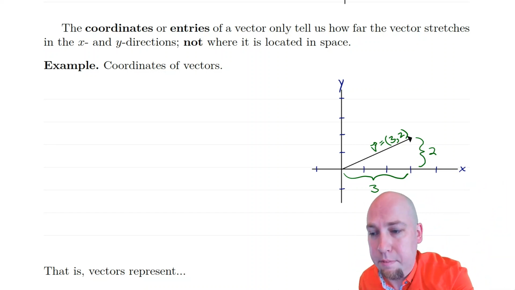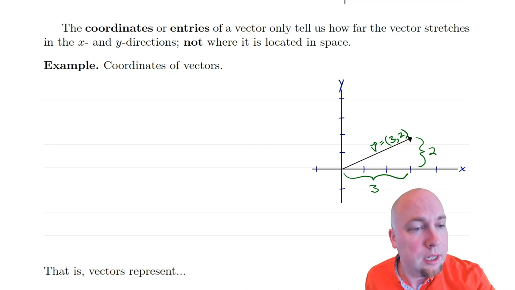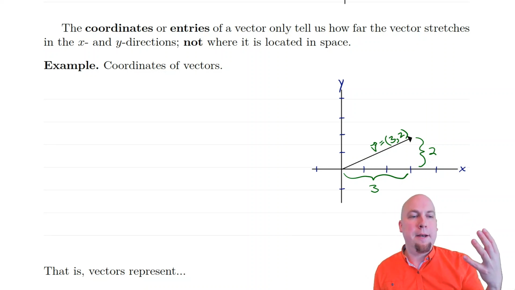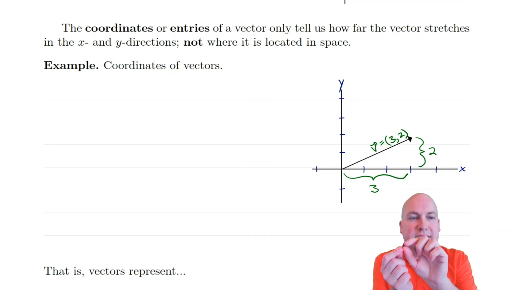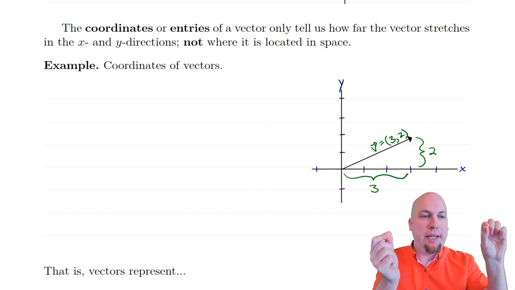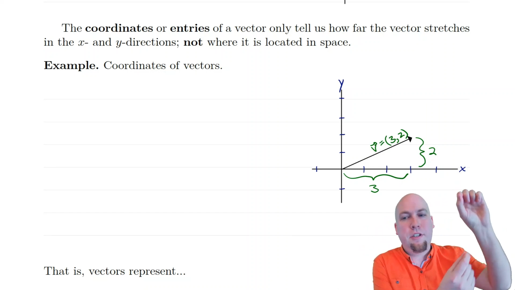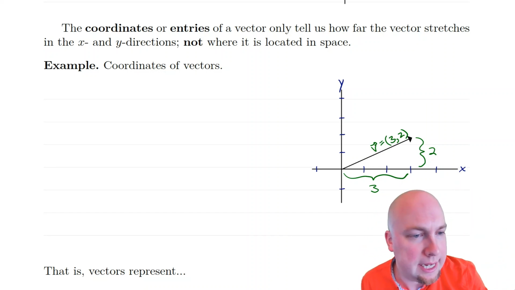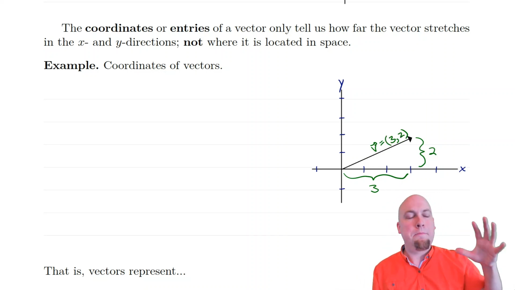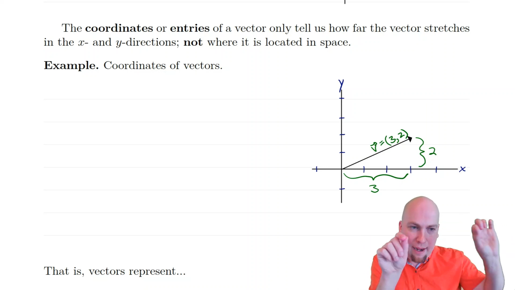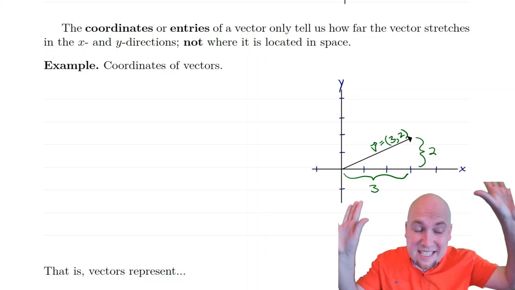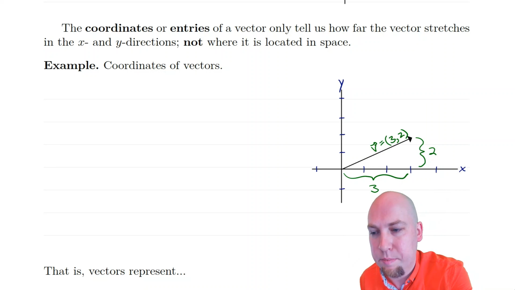So for example, the vector 3, 2: the geometric interpretation is that it's the vector that points over 3 units in the x direction and up 2 units in the y direction. Its entries 3 and 2 represent how far it points in the different directions. It has nothing to do with where it's located in space, though.